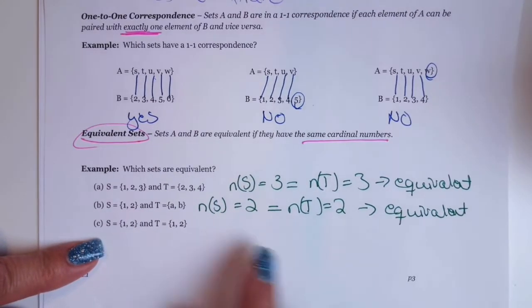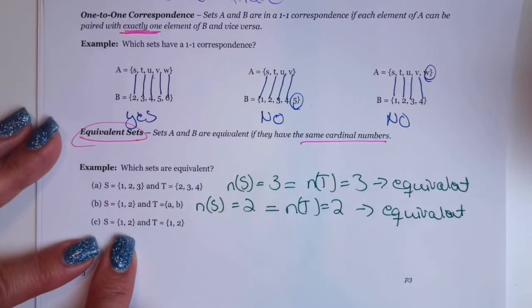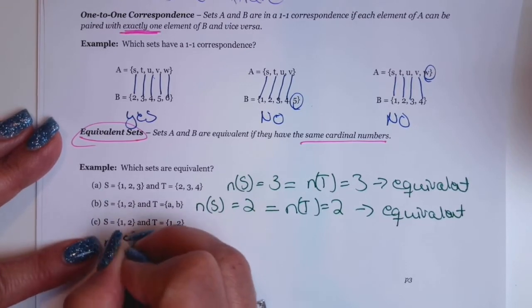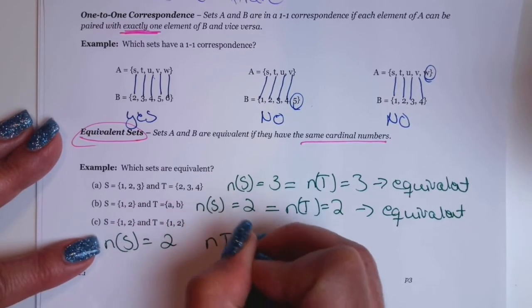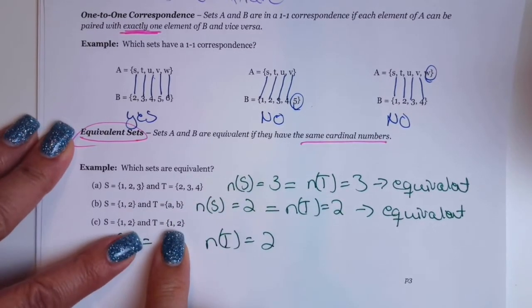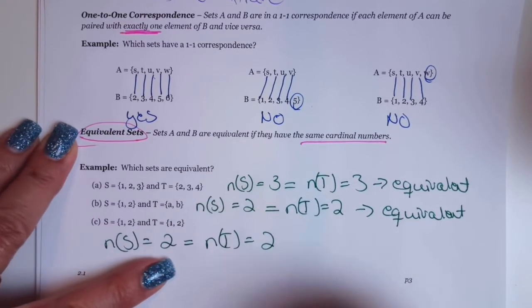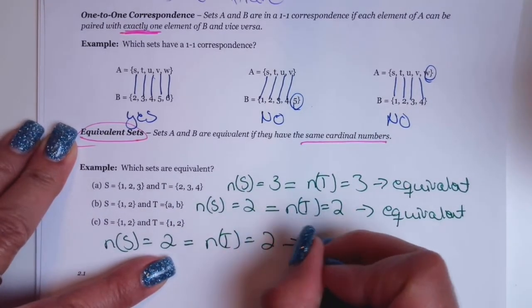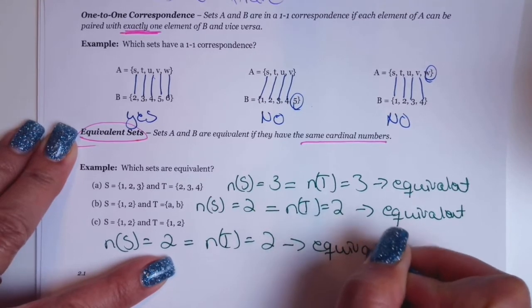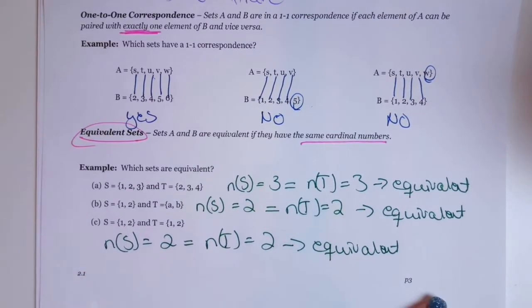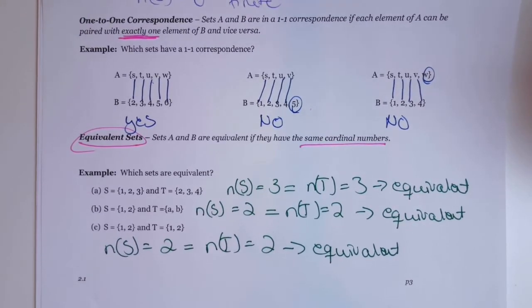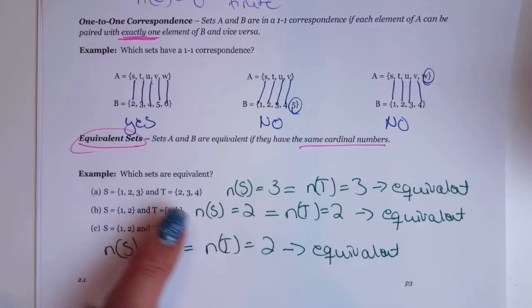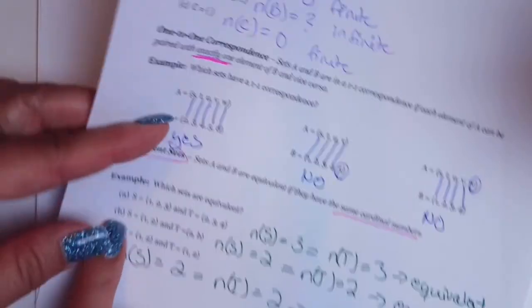C. Again, the cardinal number of S is 2 and the cardinal number of T is 2. Both of them have 2 elements. So the cardinal numbers are the same and these are equivalent. Remember what equivalent means, because on this next page we're going to talk about equal sets.